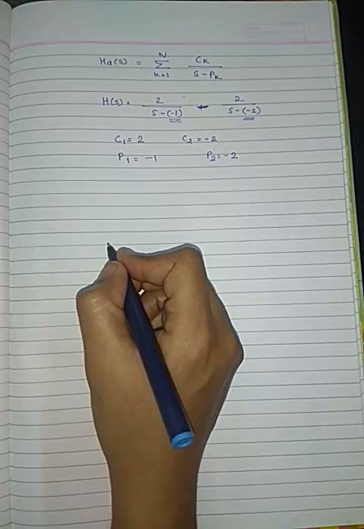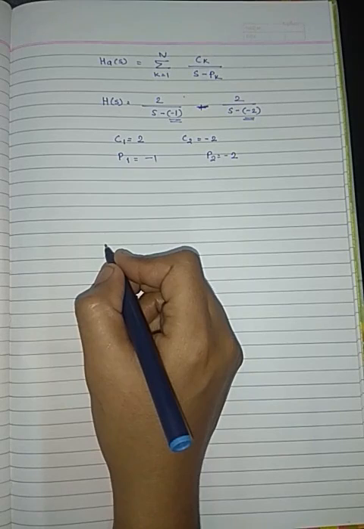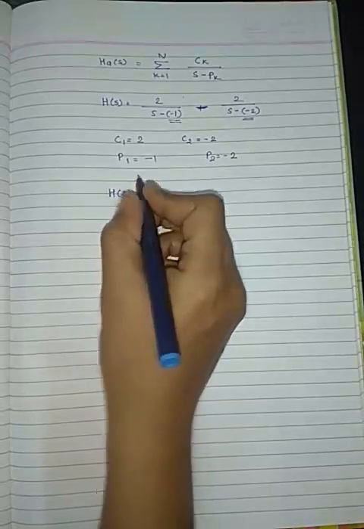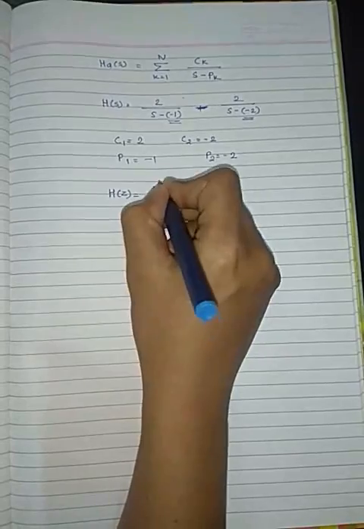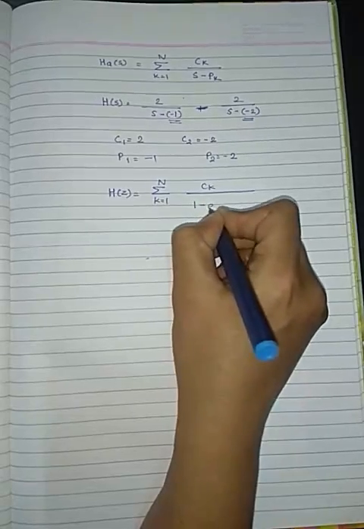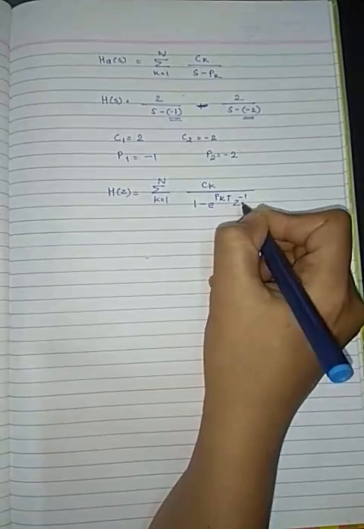Now we have to substitute the values of Ck and Pk in the equation of H of Z. So what is our H of Z? It is the summation from K equal to 1 to N of Ck divided by 1 minus e raised to Pk t into Z raised to minus 1.